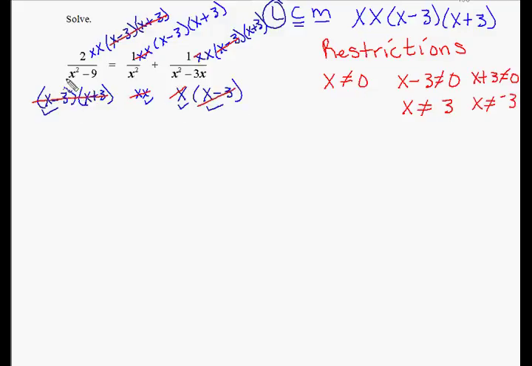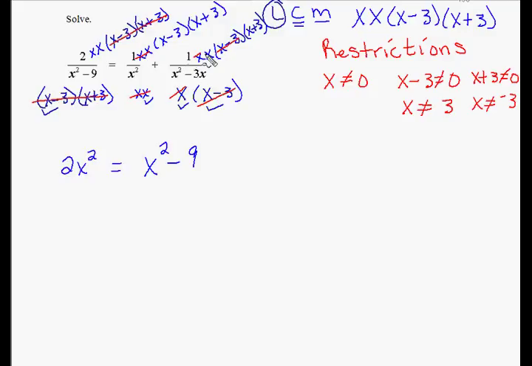Let's come over to the problem and see what we have left. Our first term is 2x squared is equal to 1 times x minus 3 times x plus 3. Well, that came from right here, which is in fact x squared minus 9. So sometimes you can use the problem to help you understand what the answer is.